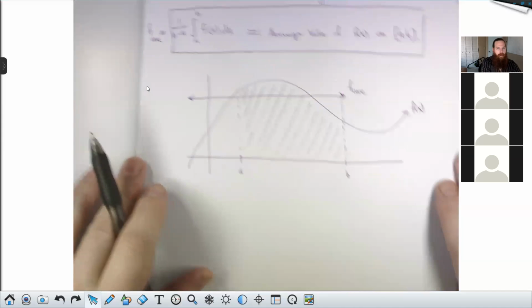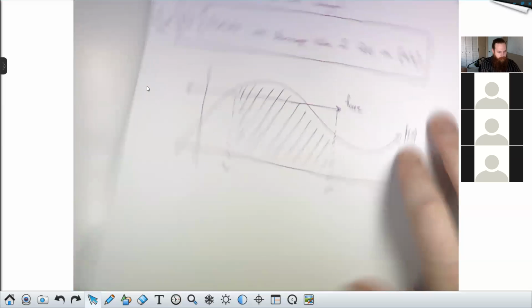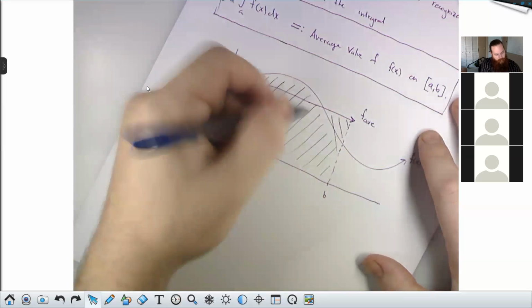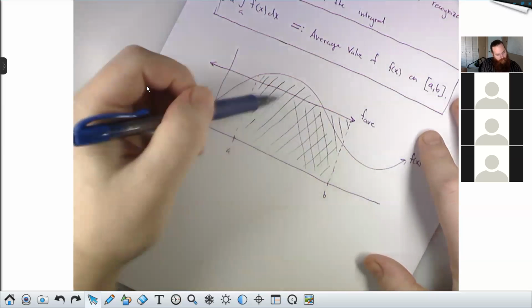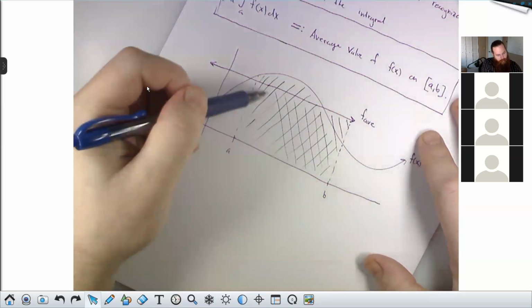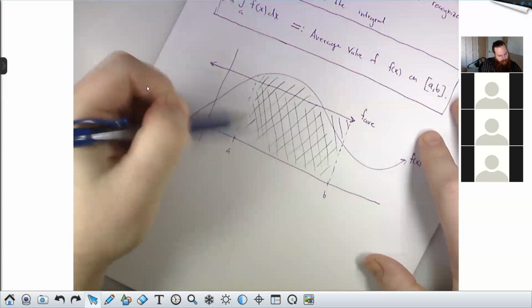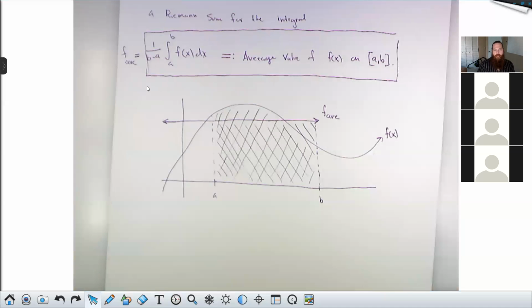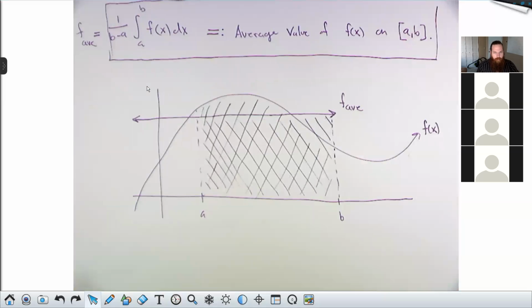So there's the area bounded by f. And what you'll notice is that that area is equal to the area of this rectangle. So the purple and black areas are the same. Seems like color might not be coming through so well here.